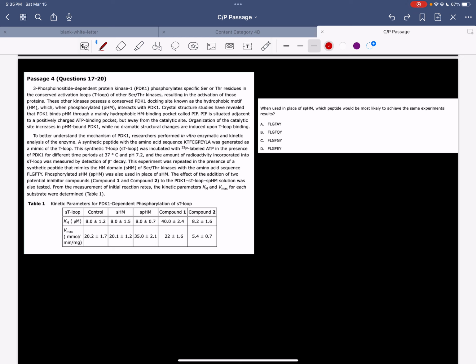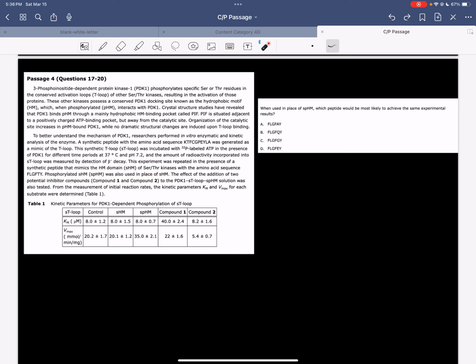First line, second line, third line, fourth line, fifth line, sixth line, seventh line. Now you can see in the seventh line, it says phosphorylated SHM, which is called SPHM, was used in place of SHM. So I know that this is where I'm going to find my answer.